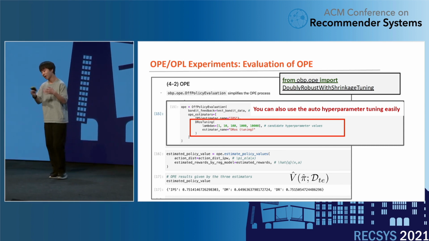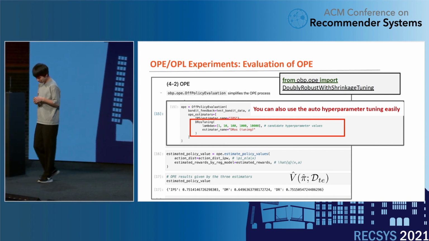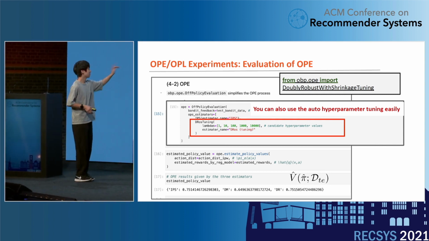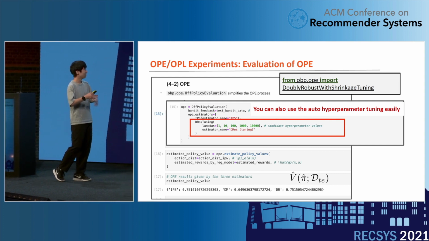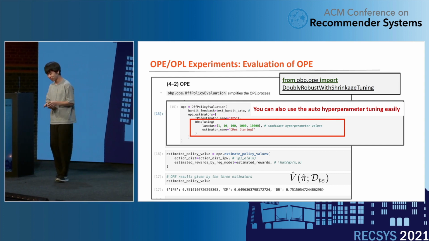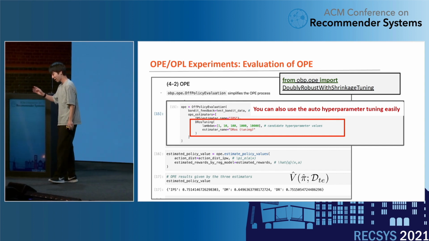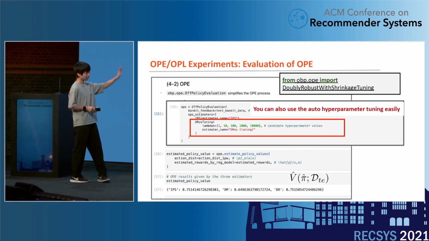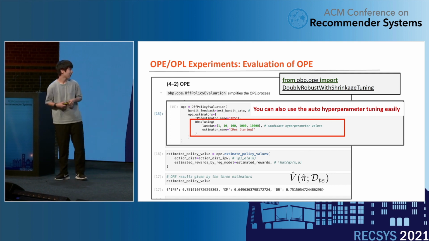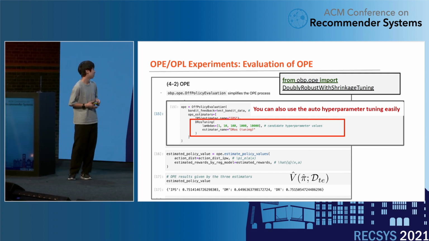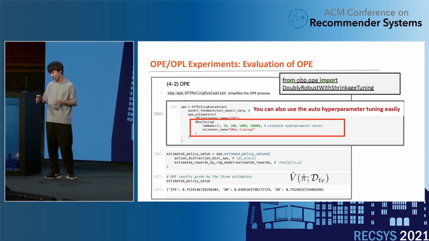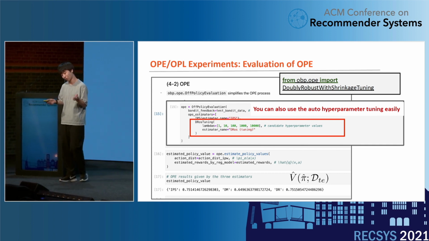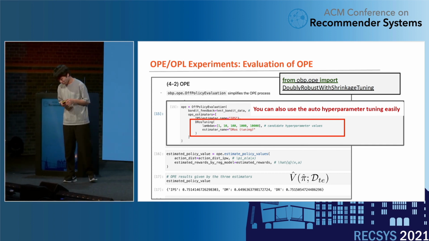The lambda hyperparameter values, and then this function automatically picks the best hyperparameter based on the hyperparameter tuning procedure I introduced in the first half, and then it automatically uses the best hyperparameter, and you can just do the policy evaluation with the best hyperparameter. You don't have to implement the hyperparameter tuning procedure from scratch.